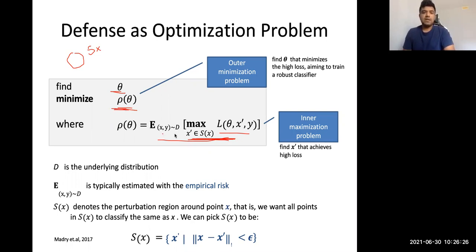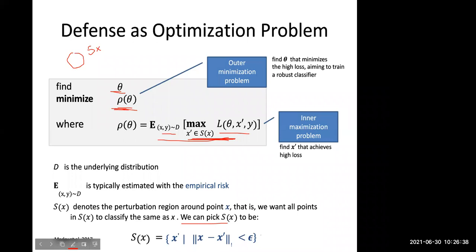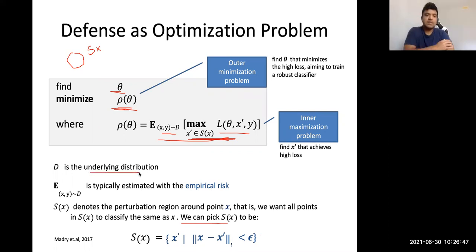D is the underlying distribution of our data points, and we can pick Sx. Just a few clarifications here: D is a distribution of your data points, not of your expected value. Sorry, my bad, the underlying distribution of our data points.